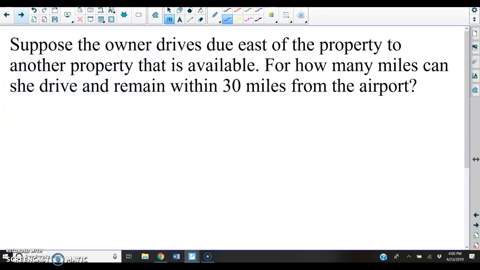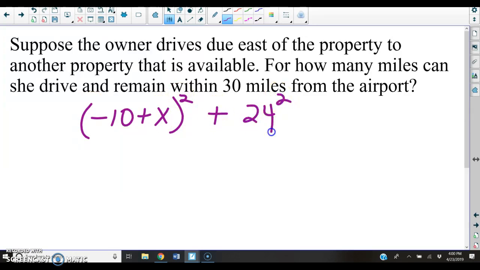All right. Suppose that owner drives due east of the property to another property that is available. For how many miles can she drive and remain within 30 miles from the airport? Now it's going to be negative 10 plus x, squared, plus 24 squared.